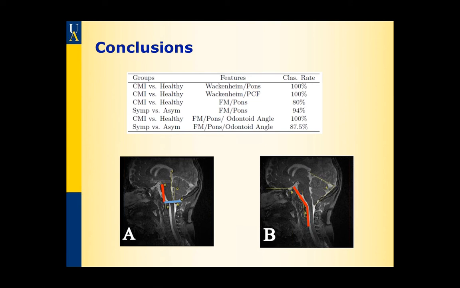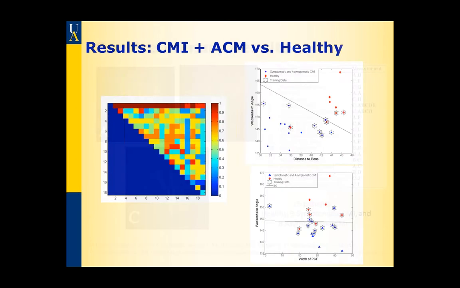But when you use Wackenheim alone, this is like the old techniques that have been used by the medical community. Let's look at the Wackenheim angle. Does that help separate the group? Is there a statistical difference? What we're saying here is there was not a statistical difference in the Wackenheim angle, but when you take it into account with the distance to the pons, using this technique, where you didn't ever show the equation, Malena, it's a coefficient multiplied by that first value, Wackenheim angle, plus another coefficient multiplied by the pons, and that is equal to the classifier.